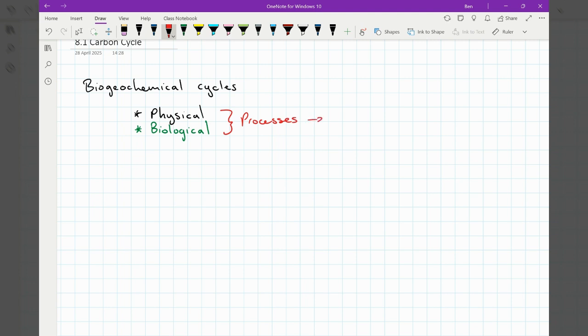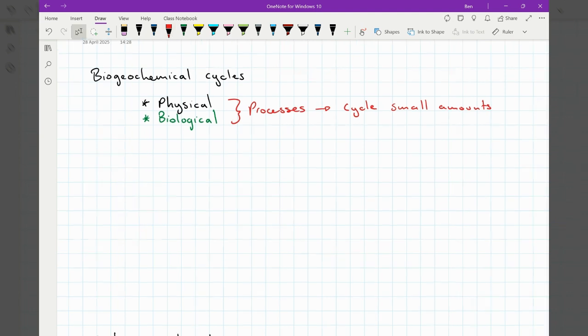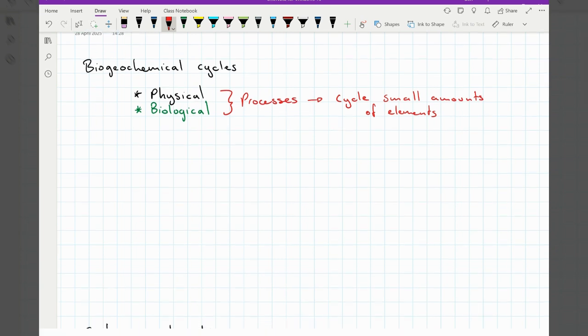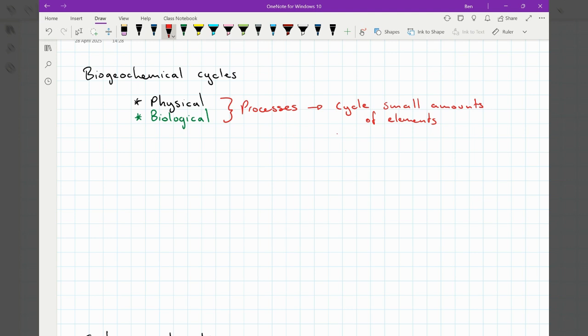And these help cycle relatively small amounts through the environment and an ecosystem, and by recycling these materials and elements as part of more complex compounds or relatively simple compounds, this can support life long term.